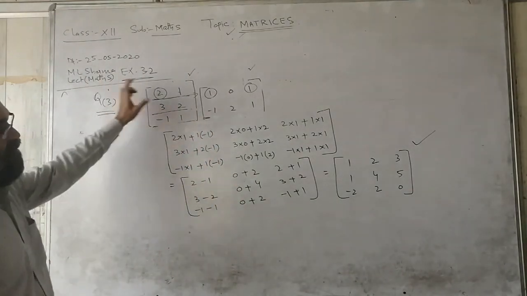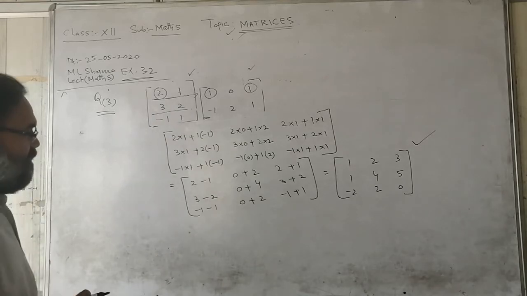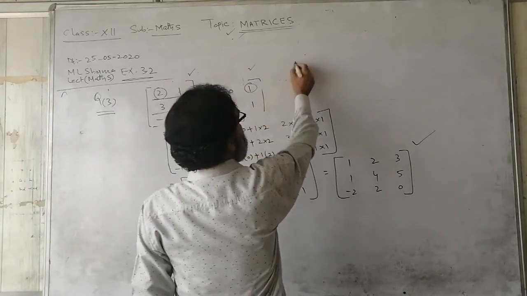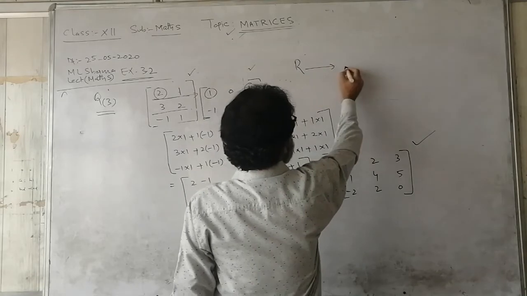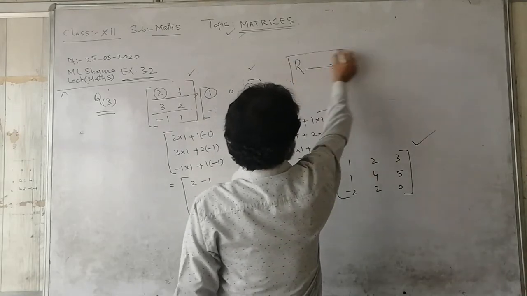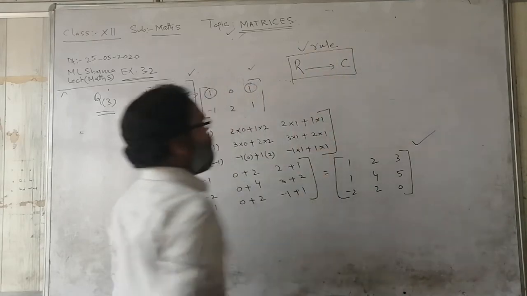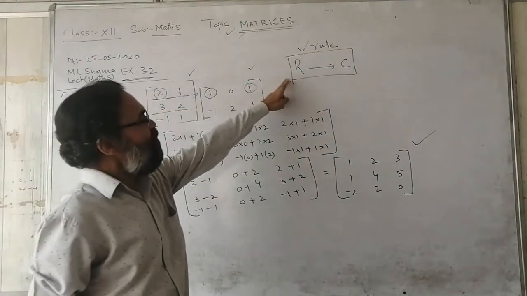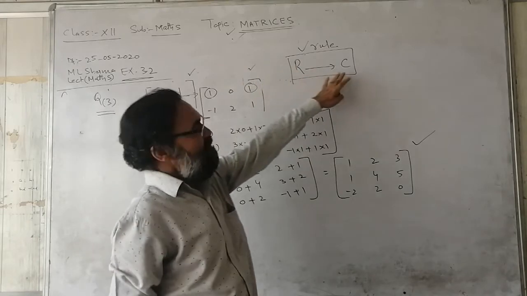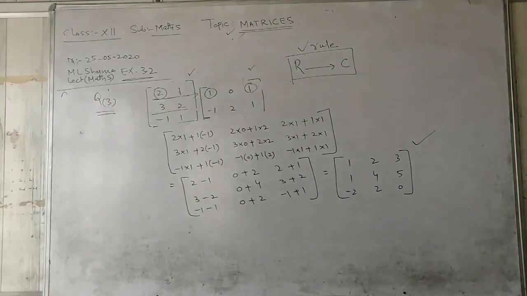When we say we multiply the matrix, we use elements of a row into column. So you have to remember this rule: elements of a row are to be multiplied by elements of column.